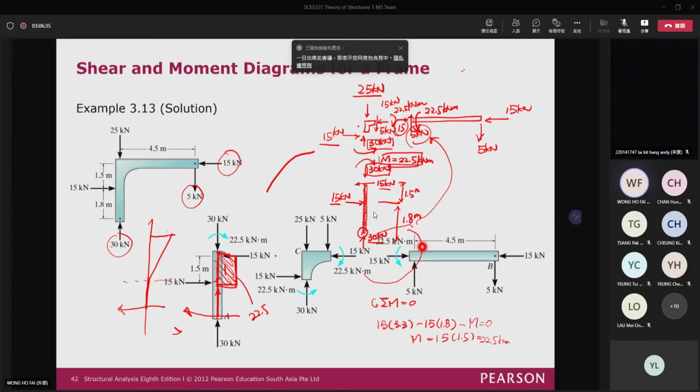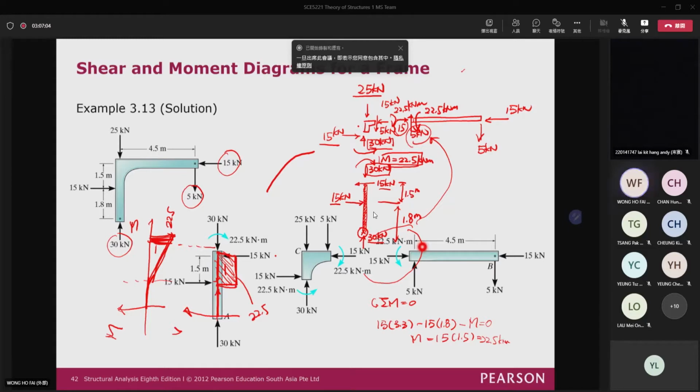So here, the value of the bending moment is equal to 22.5. I draw it a bit tall. Actually, it is the same direction here. Okay, so this is the bending moment diagram for this vertical member. Do you agree?